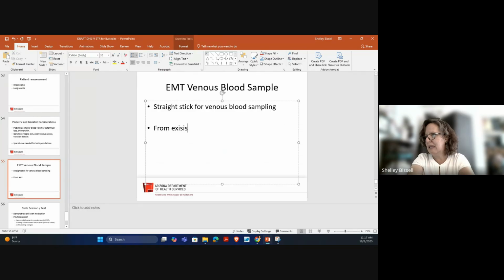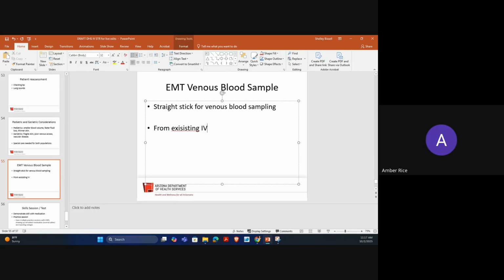And then the second bullet is blood sampling with initiation of or with insertion of IV.